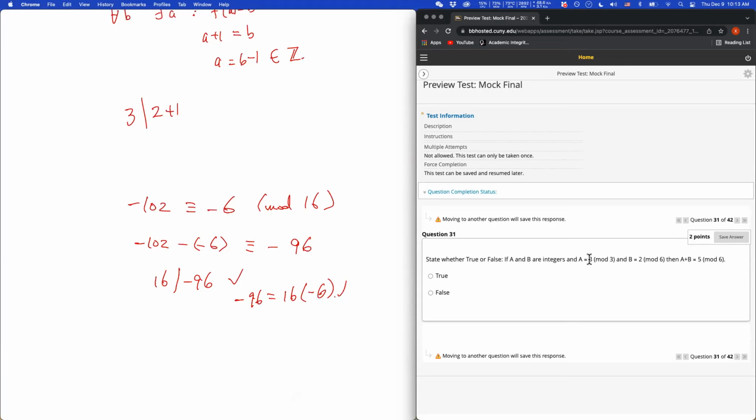Well, if a is congruent to 3, if you just do 3 plus 2, then you can get 5 mod 6, because a can be 3. Now, what else can a be? 3 mod 3 is 0, so a is congruent to 0 mod 3. So a can also be 0. Now, if a is 0, then 0 plus 2 is congruent to 2 mod 6. So we know the answer is false.